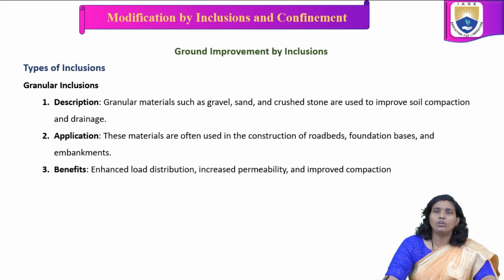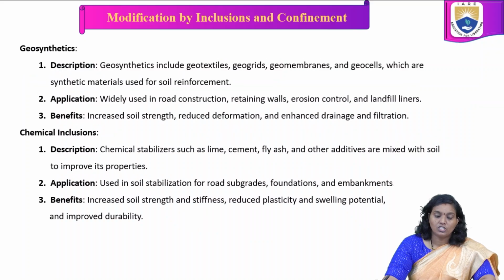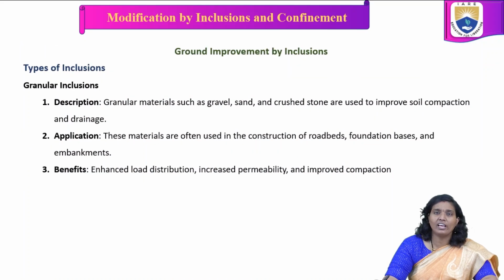In ground improvement by inclusions, the types of inclusions are granular inclusions, geosynthetics and chemical inclusions. In granular inclusions, granular materials such as gravel, sand and crushed stone are used to improve soil compaction and drainage.